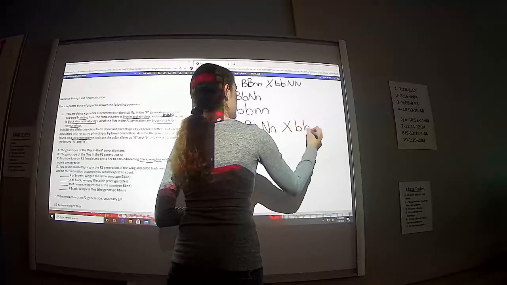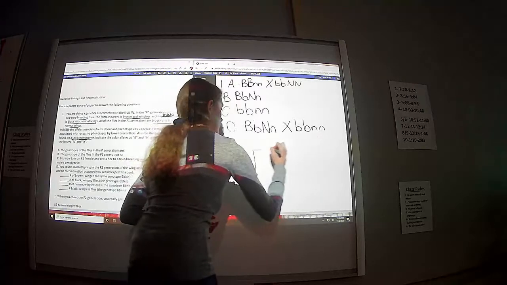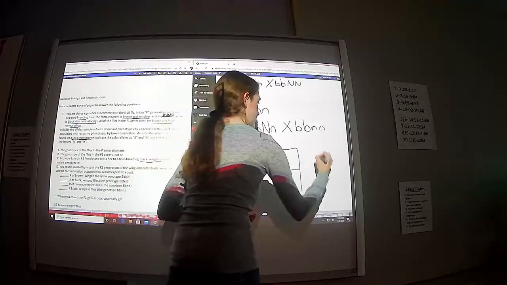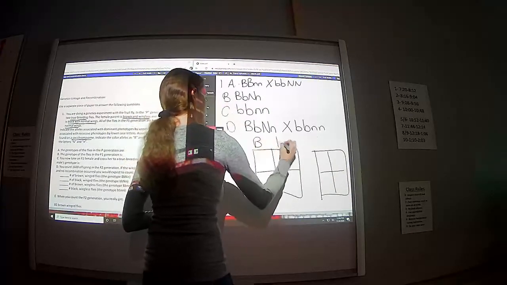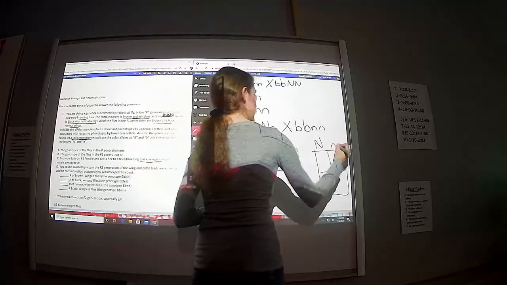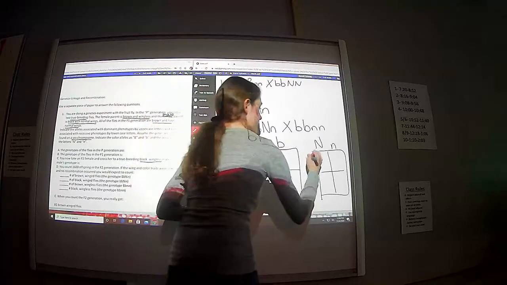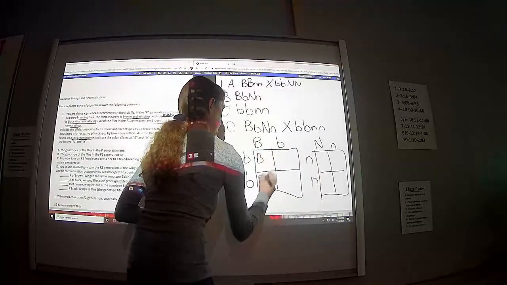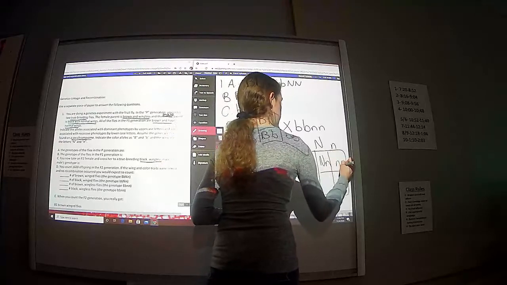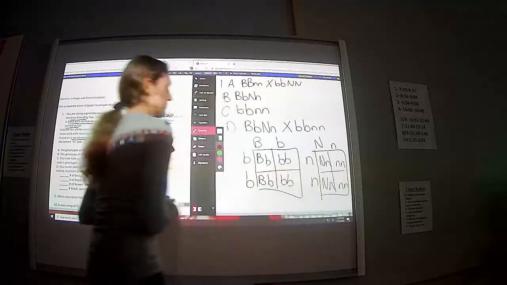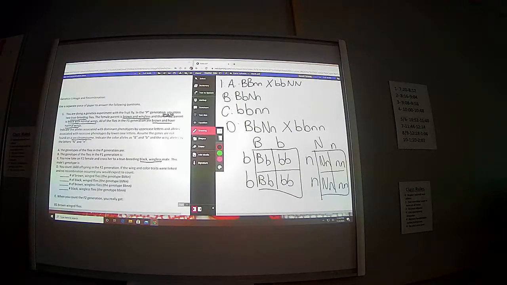Cross with the female up top. I'll put my male down the side. So brown winged flies.